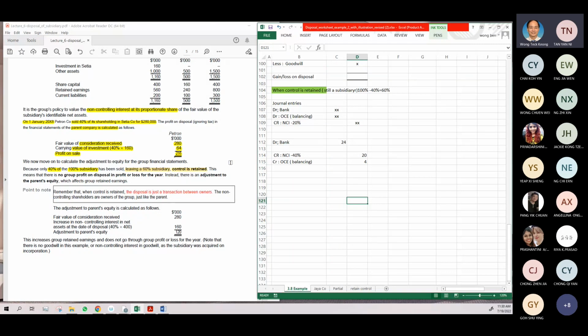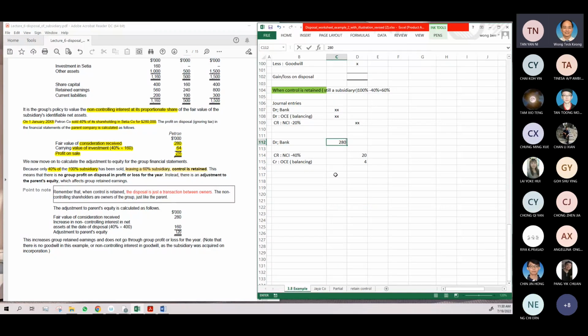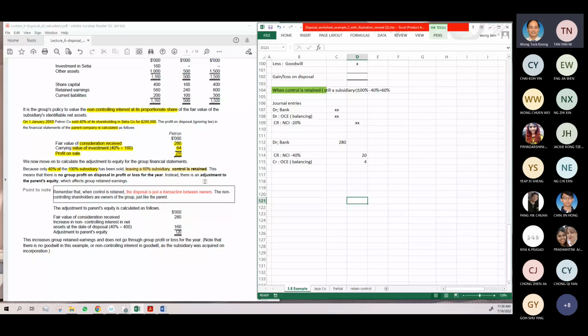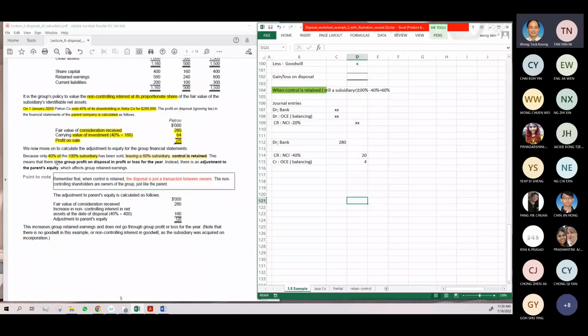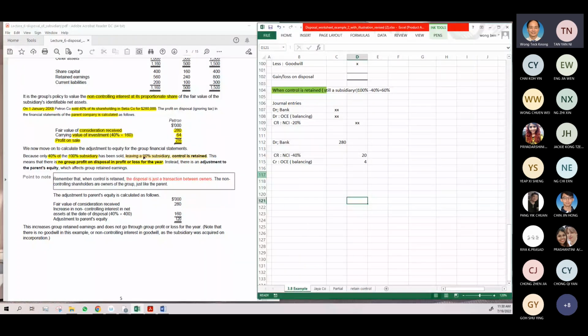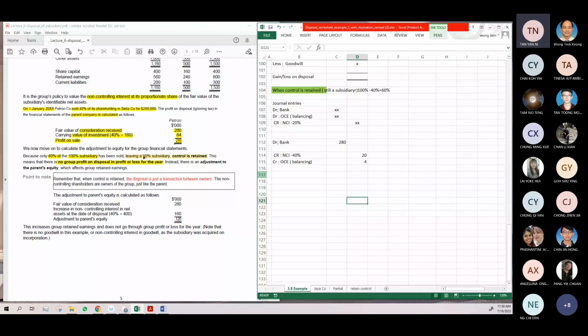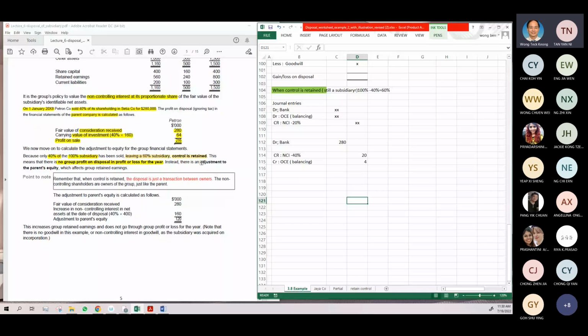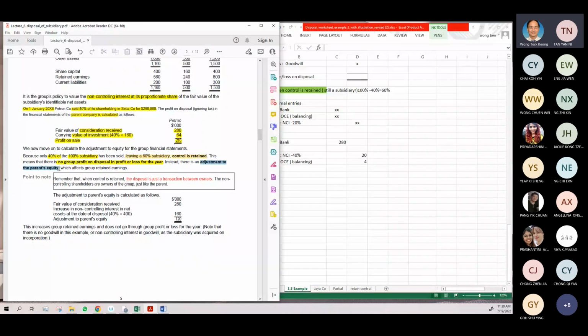We sold it for 280,000, you receive the money. So this means that at the group level, there is no profit on disposal. No profit on disposal, just pass this entry, okay? Because it is treated as a movement between the owner, NCI, and parent. So anything you charge to parent equity means you charge to OCE.